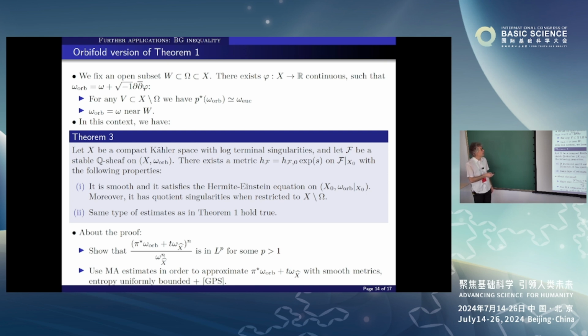The fact that these two metrics are very different is the main difficulty in analyzing the family of Monge-Ampere equations that we use to approximate this metric and make it smooth, right? Because this omega orb is not smooth.